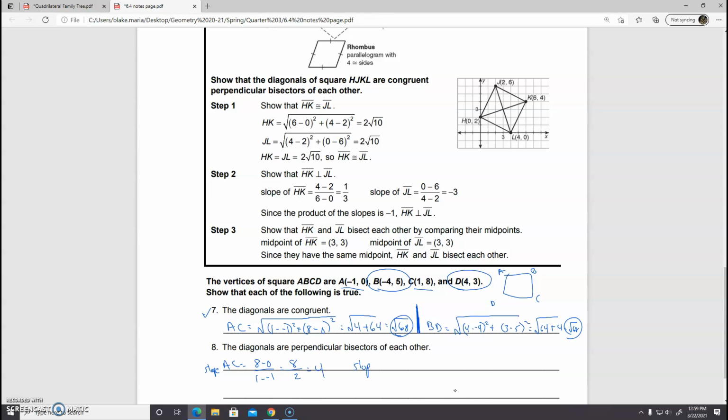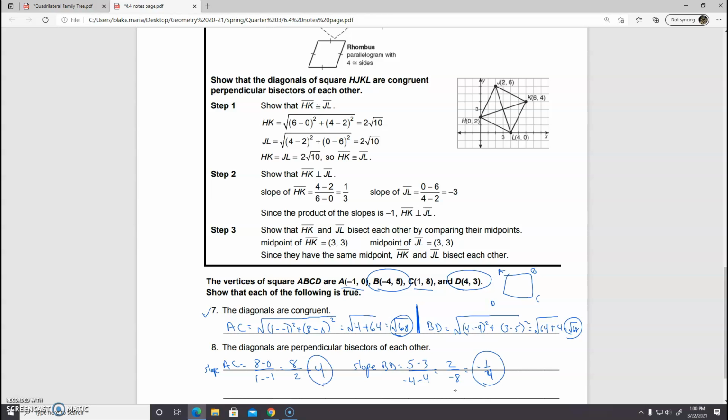And then the slope of BD, subtract your y's. I'm going to go 5 minus 3. I like to keep them positive if I can. So I did 5 minus 3, which means I'm going to do negative 4 minus 4. So 5 minus 3 is 2. Negative 4 minus 4 more is negative 8. And we get negative 1/4. Right? Those are both divisible by 2.